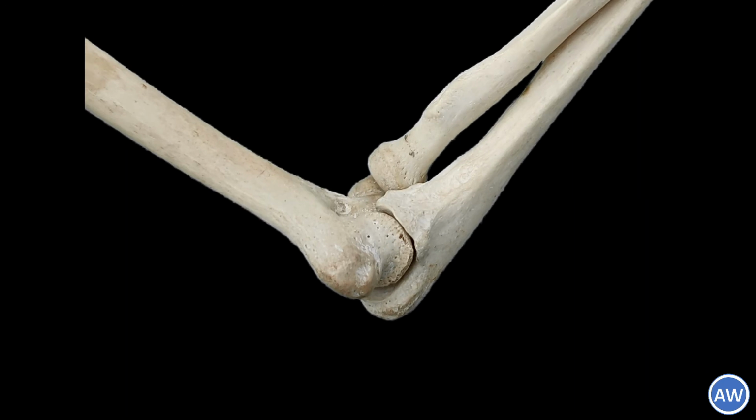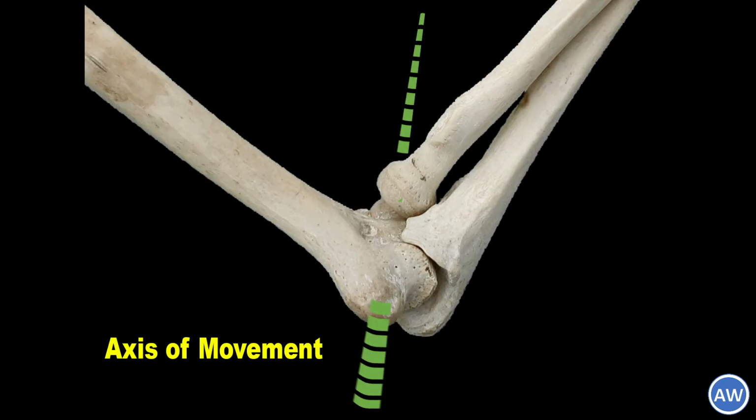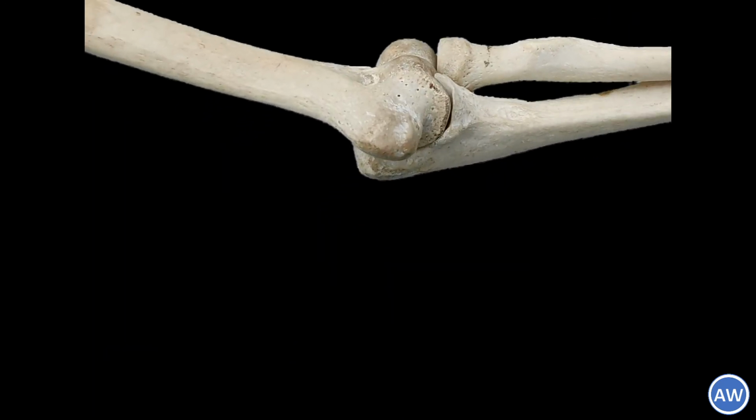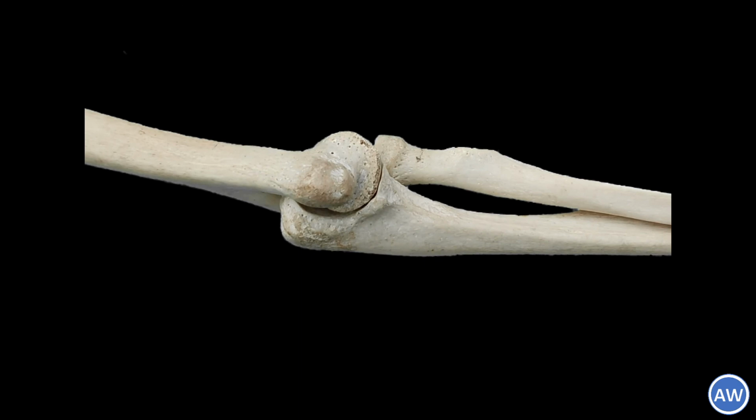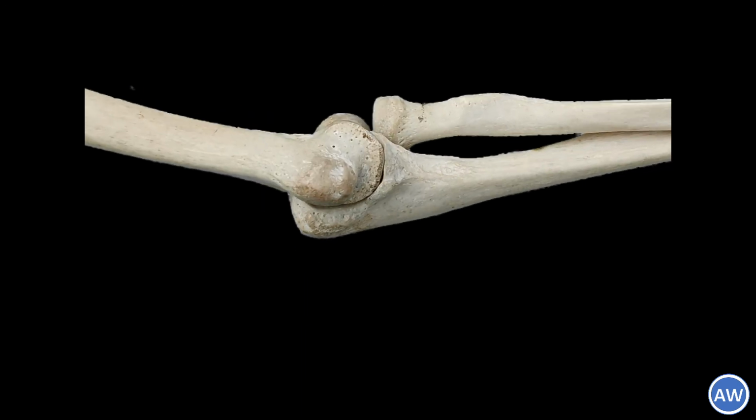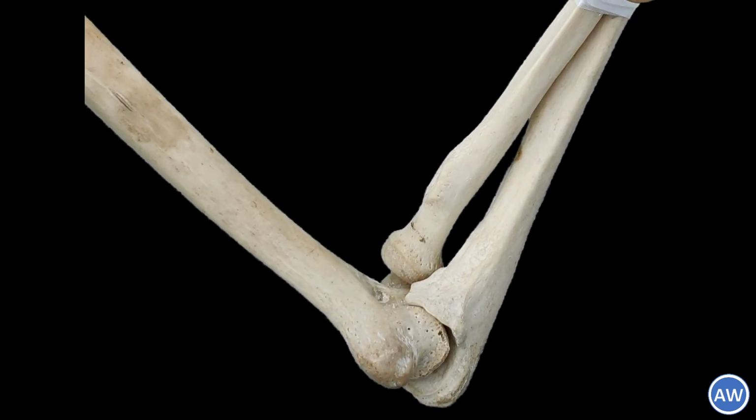A hinge joint resembles a hinge because movement here is largely restricted to only one plane, which means that they are uniaxial. An example of the hinge joints which you can see over here is the humero-ulnar joint.